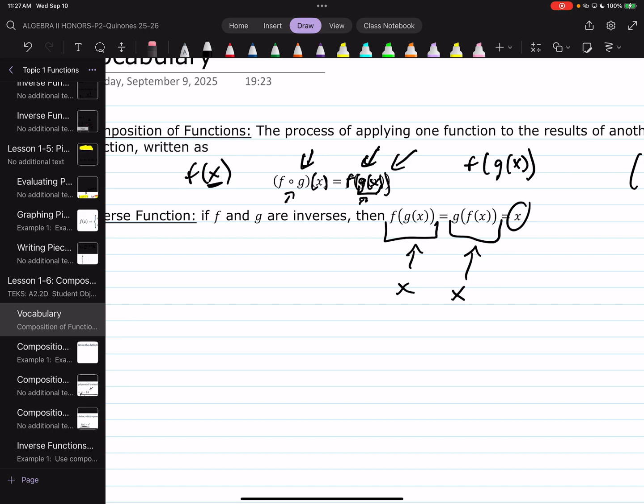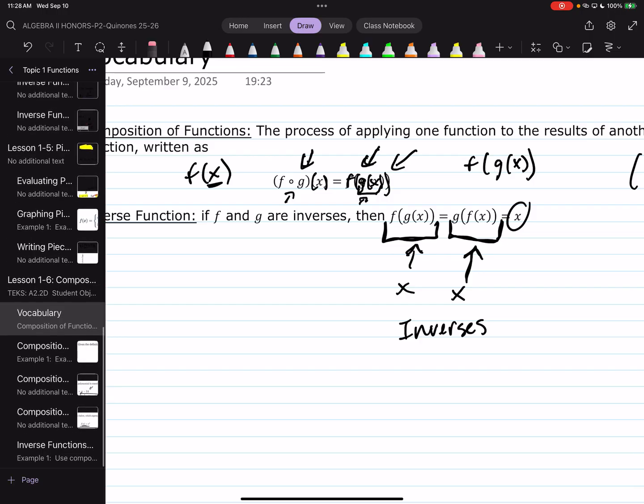Now, what does this mean? This means that if after I do this the result is x, and if I do this the result is x, then that means they are inverses of each other. And that will probably be on an exam.